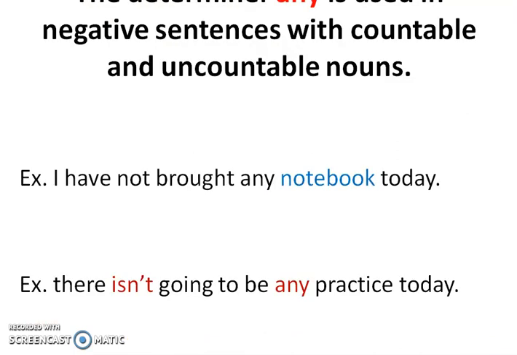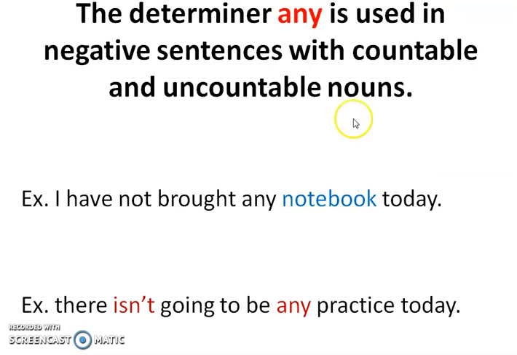Okay. The determiner any is used in negative sentences with countable and uncountable nouns. So with countable and uncountable nouns, we use the determiner any in order to form the negative sentence for both. Example: I have not brought any notebook today.